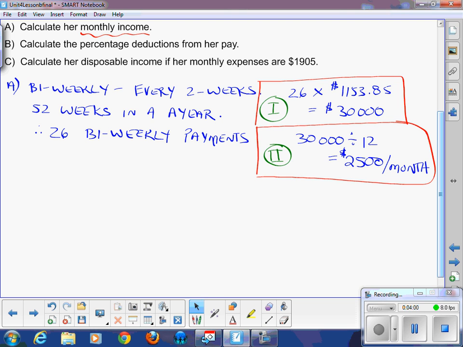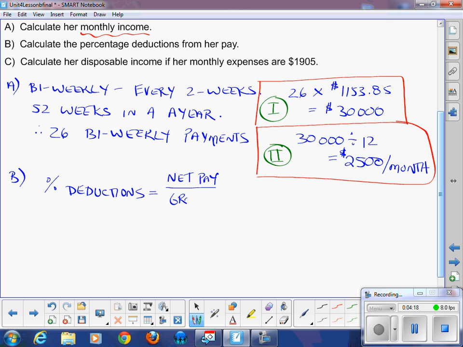What are her deductions in pay? Calculate the percent deductions. The formula is net pay over gross pay multiplied by 100. We'll definitely get this onto an anchor chart so it's handy.